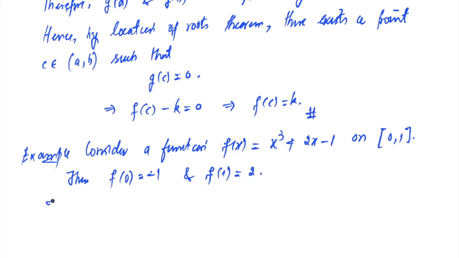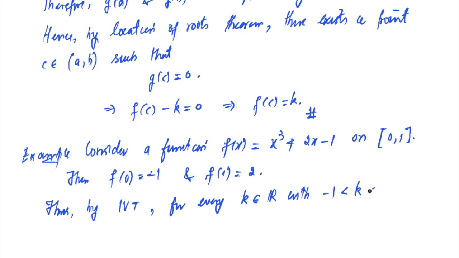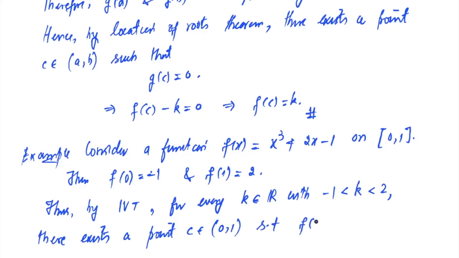So then by the intermediate value theorem, which is IVT, for every k belonging to R with minus 1 less than k less than 2, there exists a point c belonging to the open interval 0, 1 such that f of c is equal to k.